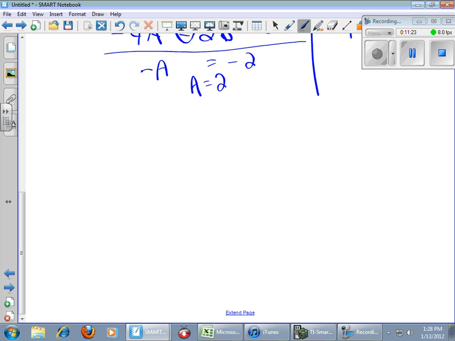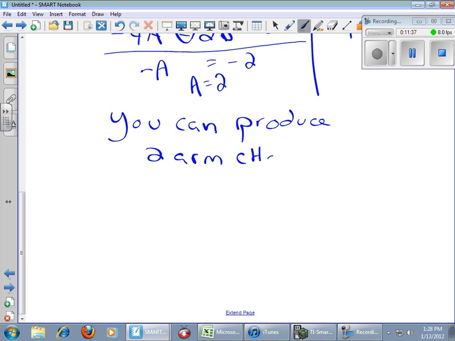So my best answer: you can produce 2 armchairs, and where did I come up with 6 side chairs? 6 side chairs. All right, so we got 2 birds with 1 stone there.